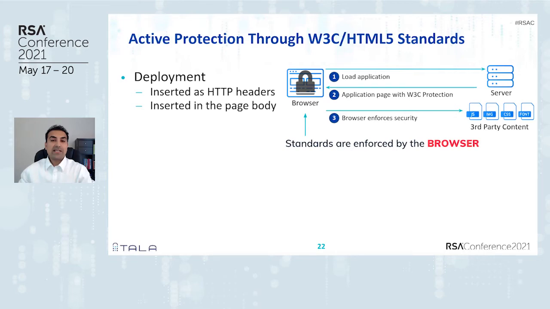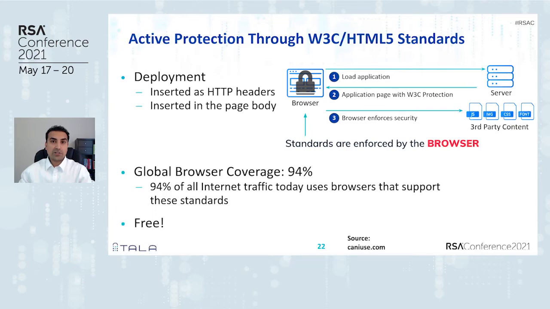You're basically telling the browser to be responsible for your web application security now. And the best part is 94% of all internet traffic today uses a browser that supports these standards. And these standards are free to use thanks to W3C working groups.